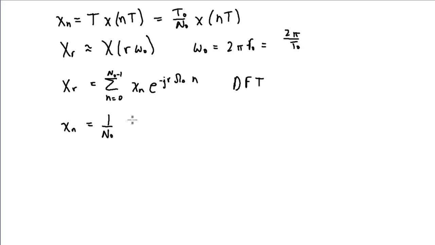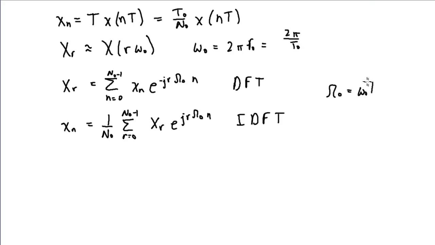It's 1 over N0 sum from r equals 0 to N0 minus 1 of X of r e to the j r omega 0 n. This is the inverse discrete Fourier transform, wherein both of these formulas, capital omega 0 is little omega 0 T, or it's 2 pi over N0.